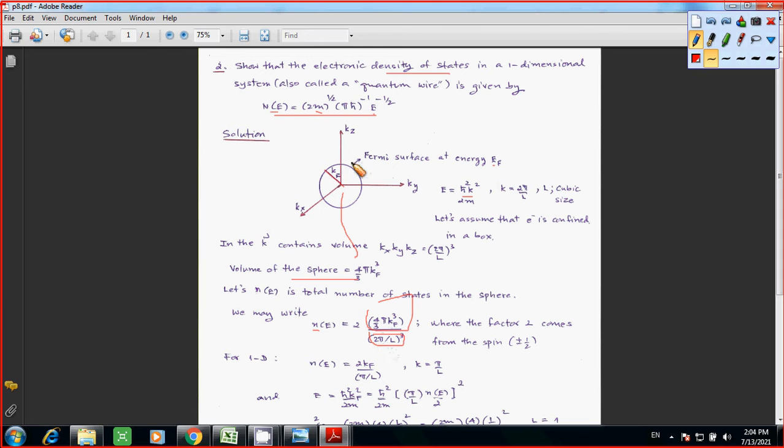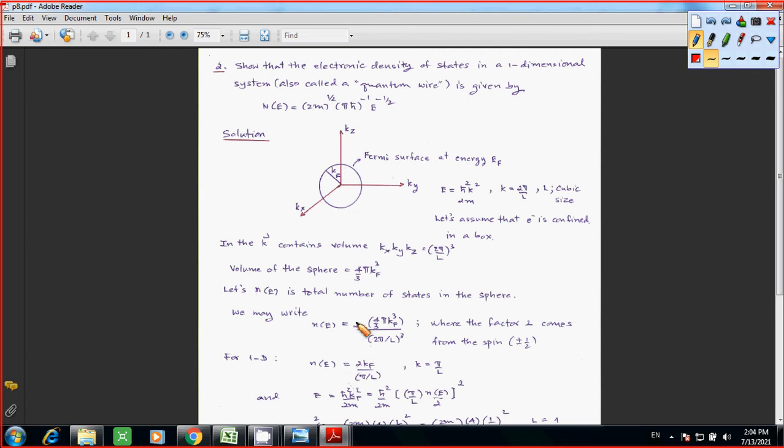You divide the volume of the Fermi sphere by the volume of one state, and that gives you the number of states, right? That's very simple. And why do we have 2? Because for one state we have spin plus and minus one half. So that's why we put the factor 2 here.